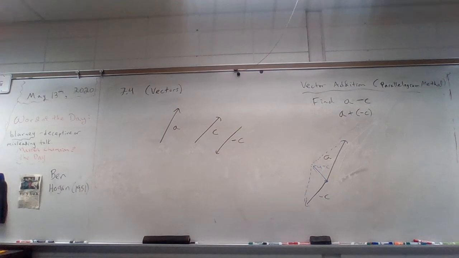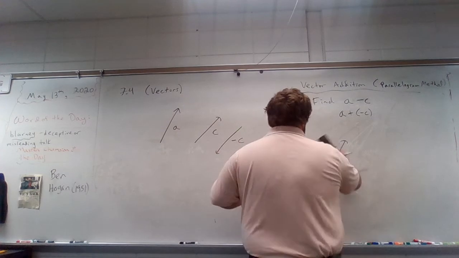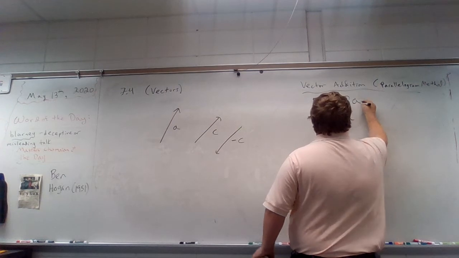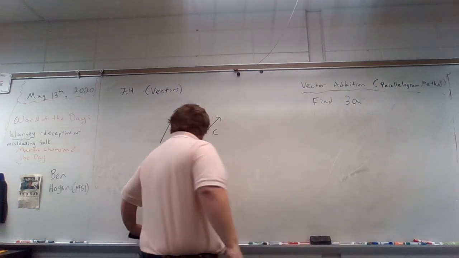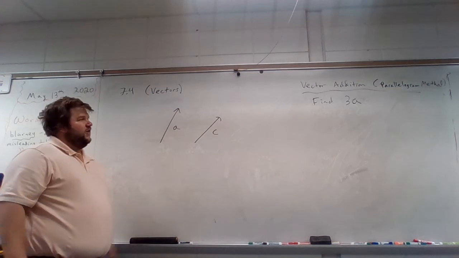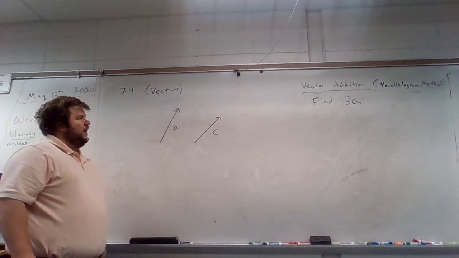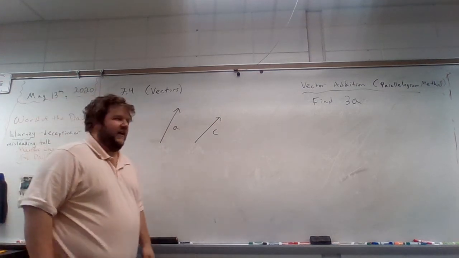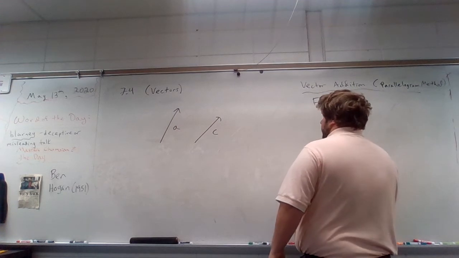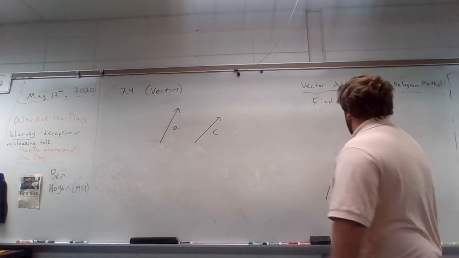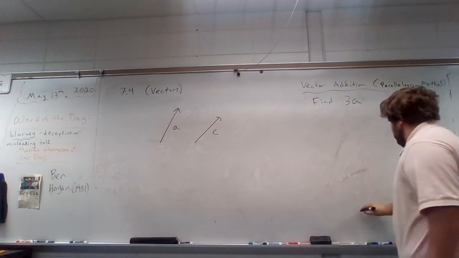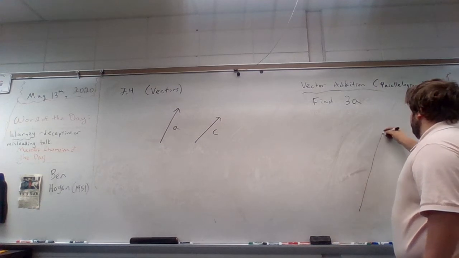What about if I just wanted to make a scalar multiple of one? Let's do a couple examples. Let's find 3A. So really all you would do here is, to find 3A, I would basically take A and multiply its length by a factor of 3. So it would be where I would have 1 copy, 2 copies. Well, I need more room. 1 copy, 2 copies, 3 copies.